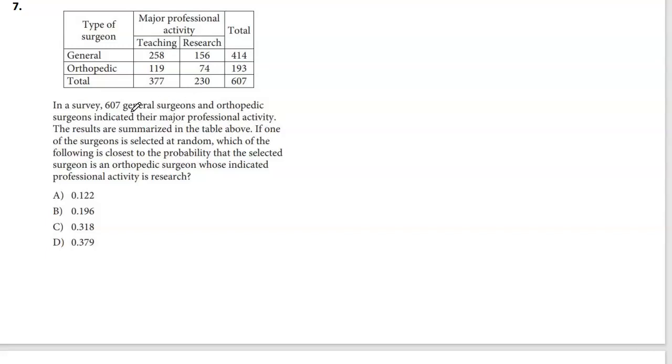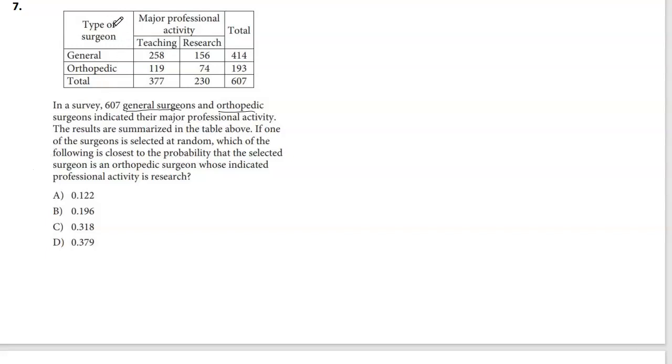So we have two categories of surgeons combined. The results are summarized in the table above. If one of the surgeons is selected at random, which of the following is the closest to the probability that the selected surgeon is an orthopedic surgeon whose indicated professional activity is research?